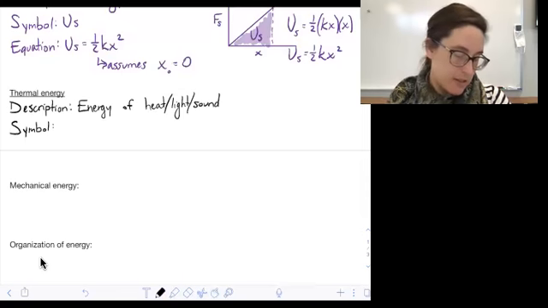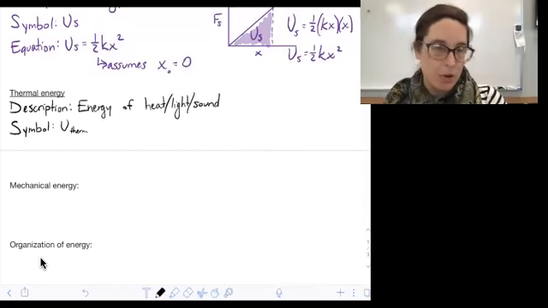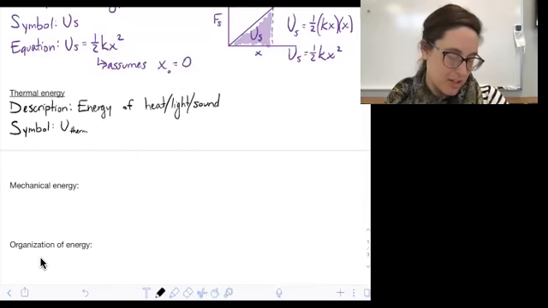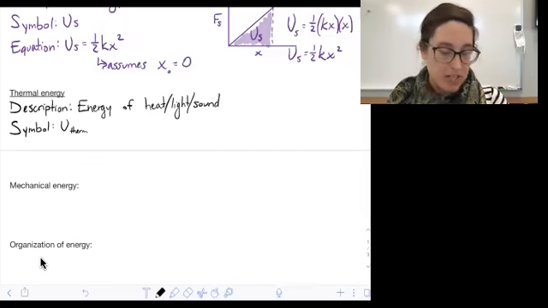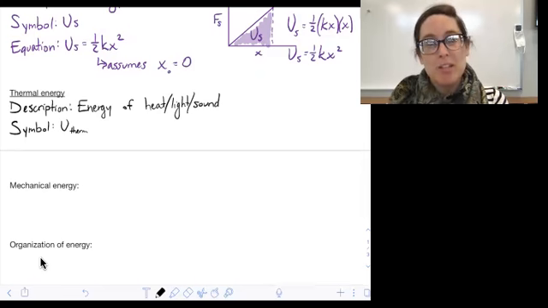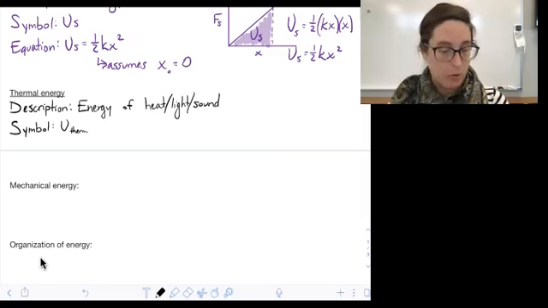So this symbol is U therm, and that's kind of like a home-brewed symbol. That's really just the symbol I use in order to be specific about thermal energy. Sometimes you might just see it written as W. W is for work. That's going to be our topic of 4.3.